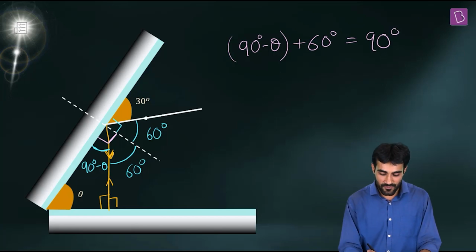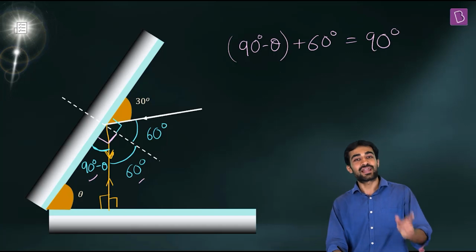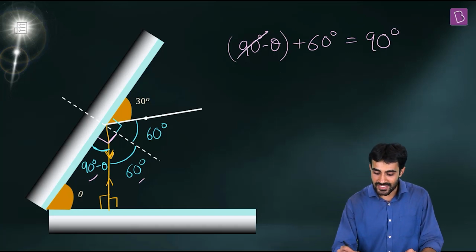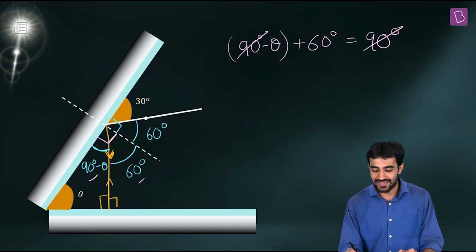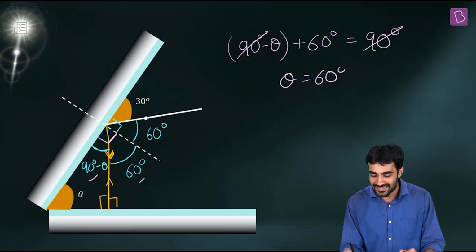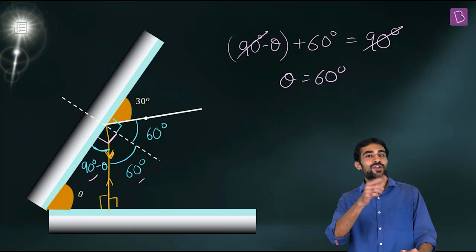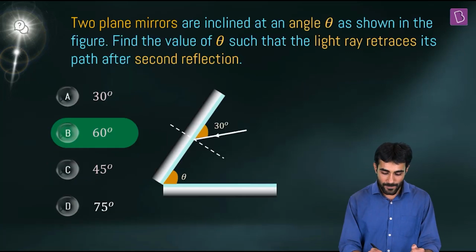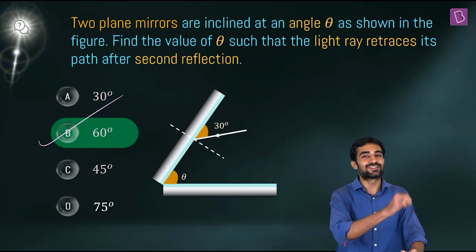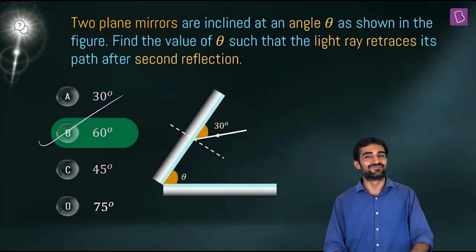So 90 cancels out and theta is coming out to be 60 degree. We wanted theta and we got theta. We can mark option B, 60, as the right answer for our question.